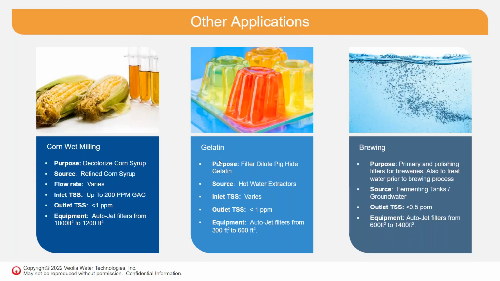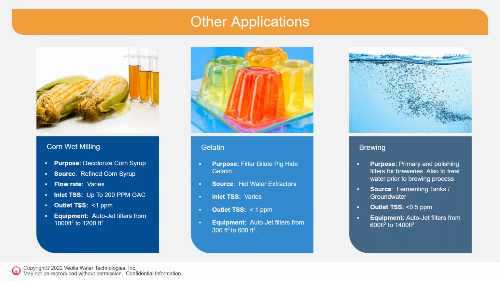These are some of the other applications where Precoat filters are installed. They're installed in the corn wet milling industries, and usually it's to decolorize the corn syrup. It's also installed in the gelatin industries to filter a dilute pig hide gelatin, and also in the brewing industry, mainly for primary and polishing filters, but also to treat water prior to the brewing process.